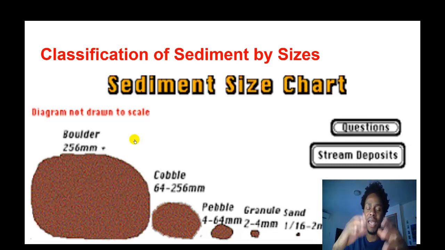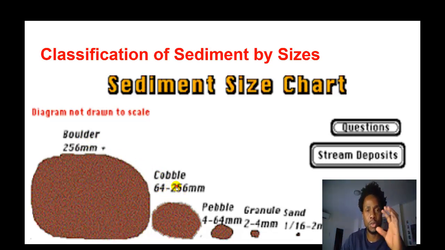So sediments can be classified by sizes. For example, the biggest of sediments are regarded as boulders, usually about 25 centimeters or more, which is an equivalent of 256 mm. A little smaller than boulders would be cobbles, between 64 to 256 mm.